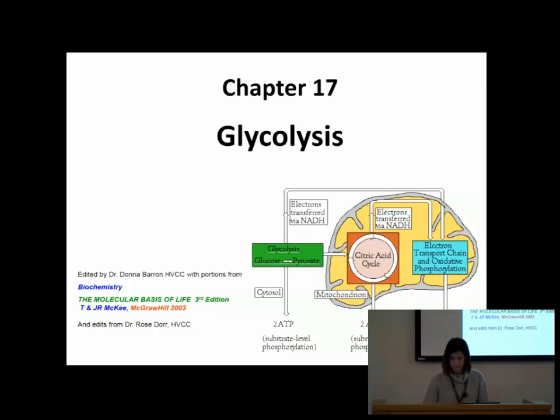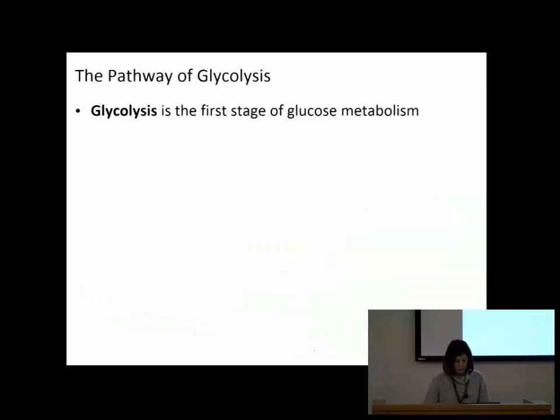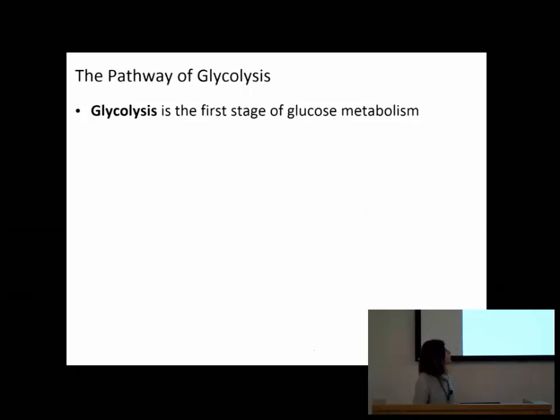So the first pathway in glucose metabolism is glycolysis. And a pathway is just a series of reactions. Again, the next one is going to be the citric acid cycle. We're going to use the word citric acid cycle rather than Krebs cycle. And this glycolysis happens in 2 stages.